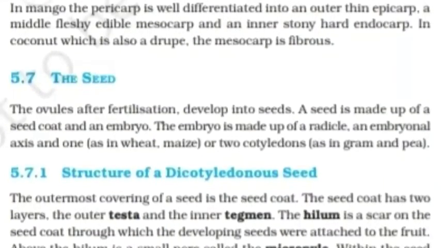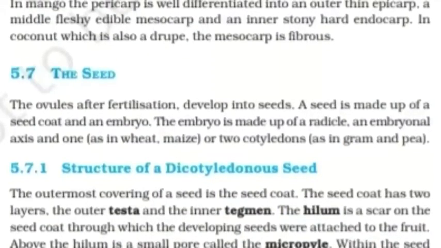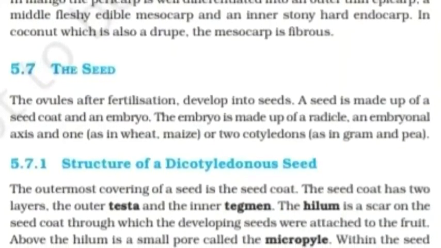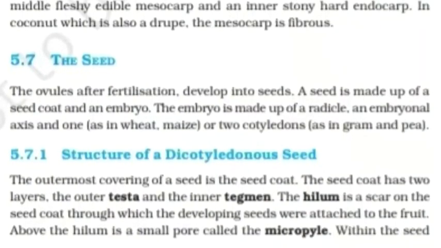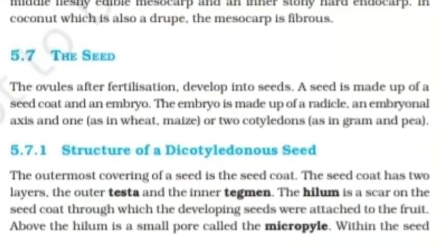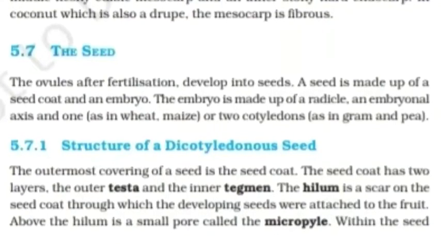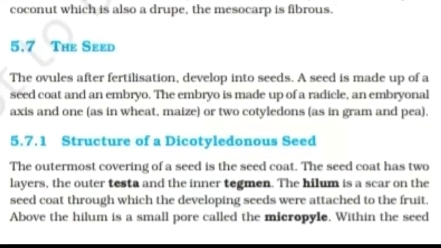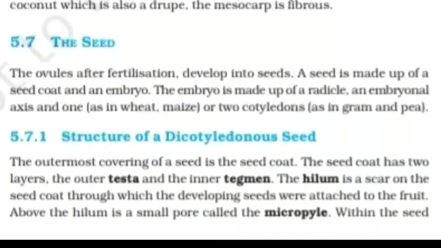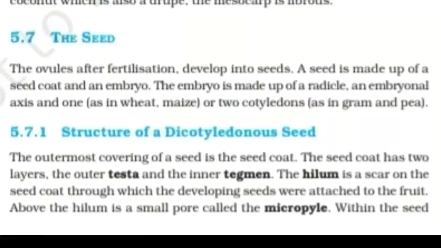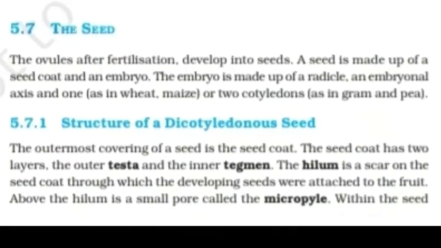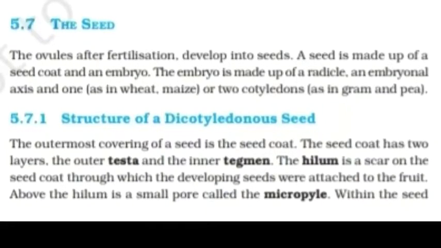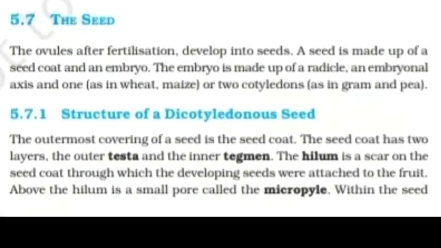Structure of a dicotyledonous seed. The outermost covering of a seed is the seed coat. The seed coat has two layers, the outer testa and the inner tegmen. The hilum is a scar on the seed coat through which the developing seeds were attached to the fruit. Above the hilum is a small pore called micropyle.